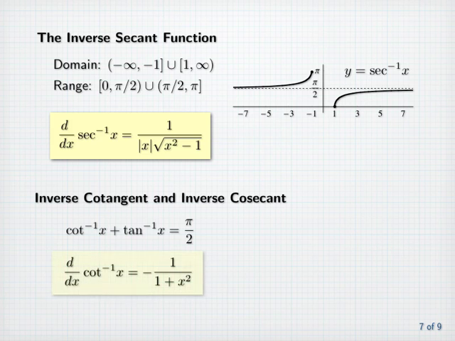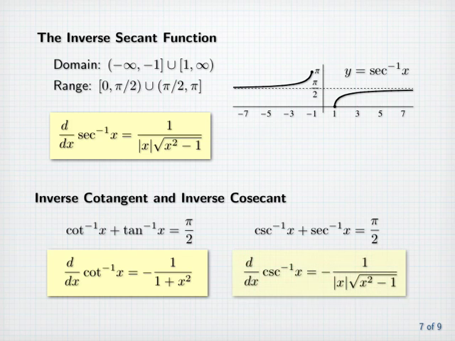So the derivative of inverse cotangent of x is minus the derivative of inverse tangent of x, or minus 1 over 1 plus x squared. Likewise, inverse cosecant of x plus inverse secant of x equals pi over 2. And so the derivative of inverse cosecant of x is equal to minus 1 over the absolute value of x times the square root of x squared minus 1.